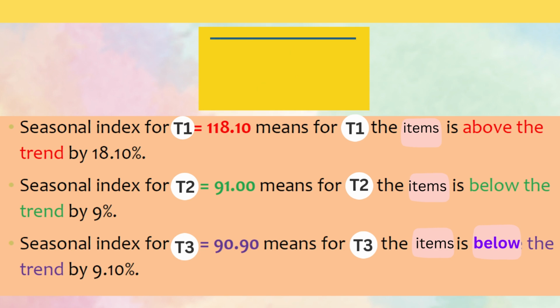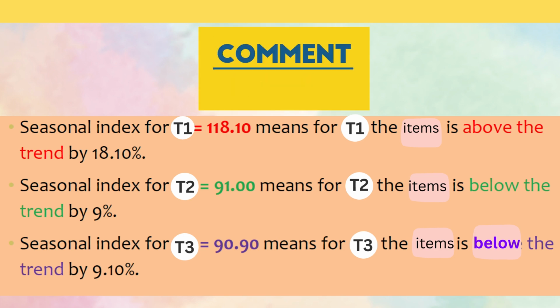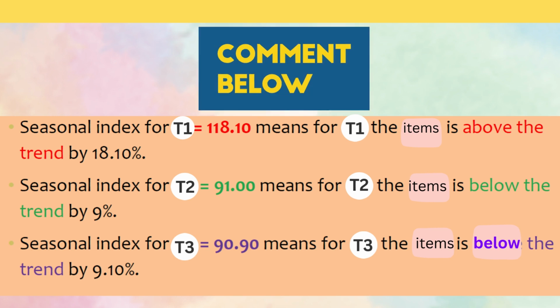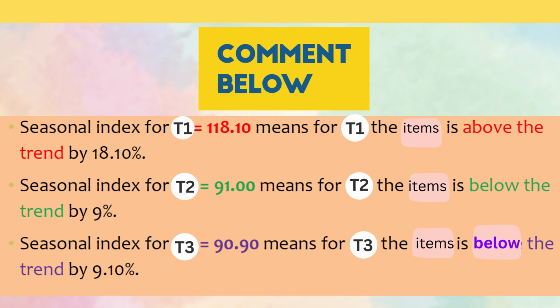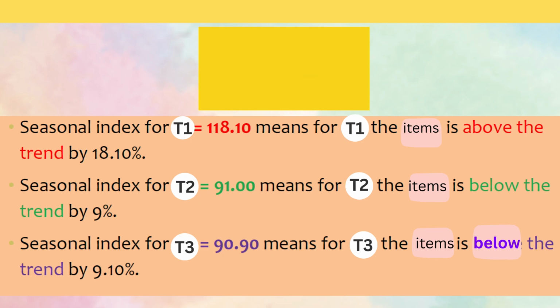How did we get 9%? Yes, 100 minus 91. Same goes for seasonal index term 3. The value is 90.90, meaning for term 3, the items are below the trend by 9.10%. That is 100 minus 90.9.